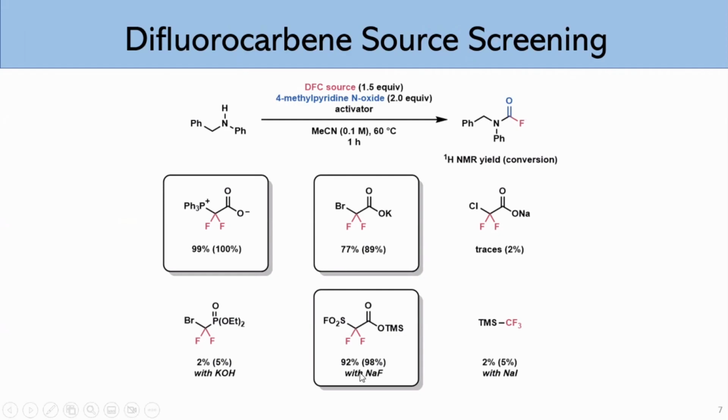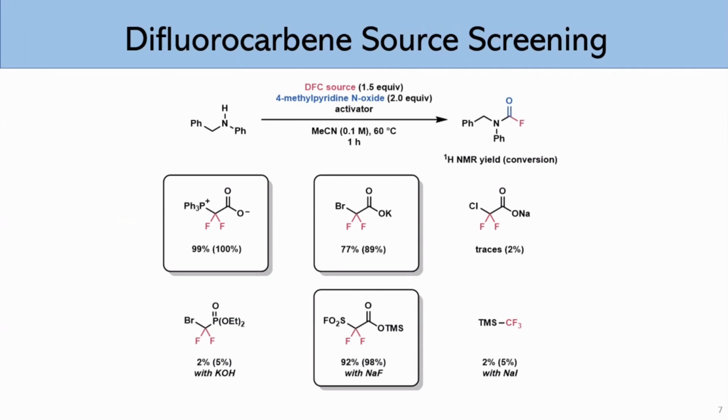This difluoromethylene silyl carboxylate sulfonyl fluoride compound also works really well with a sodium fluoride activator. However, it's a fuming liquid. It's pretty corrosive and honestly quite expensive, so we didn't bother using this compound further.